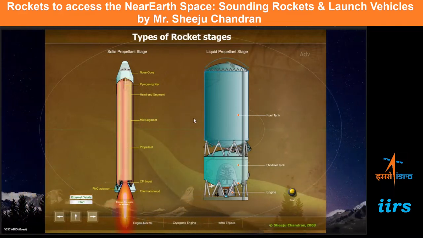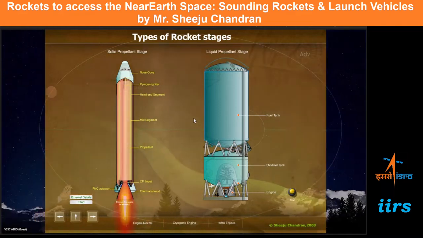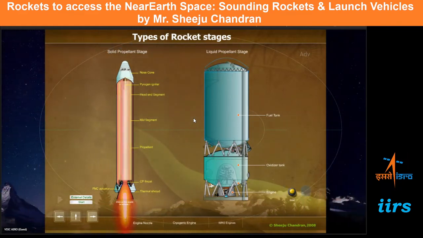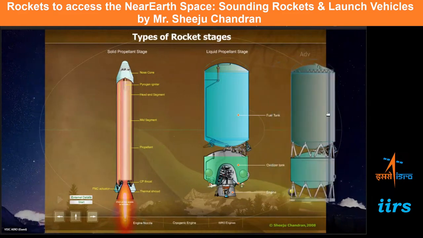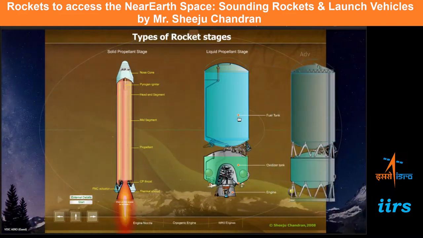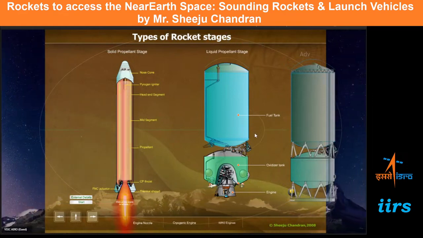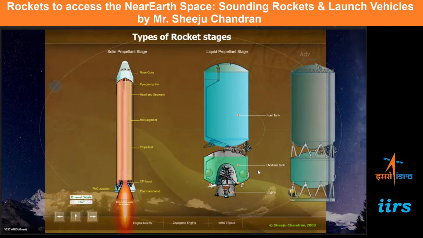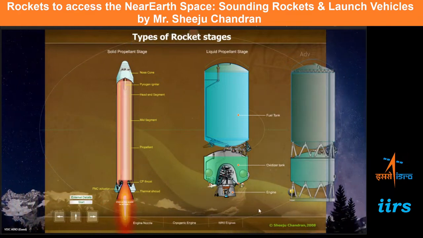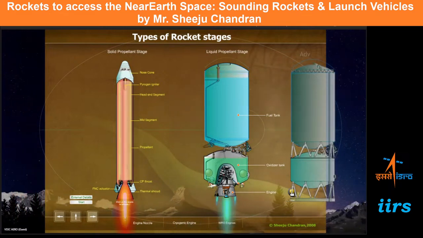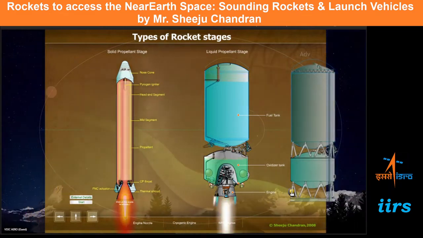In the liquid engine, the principle of rocket thrust production is the same, but the only difference is the fuel and oxidizer are basically in liquid condition, and not just that, they are stored in different tanks. You may have an oxidizer somewhere up, you may have a fuel somewhere down. They are in different tanks. Both have to be pumped to the engine separately, and then you have to make them take part in the reaction.